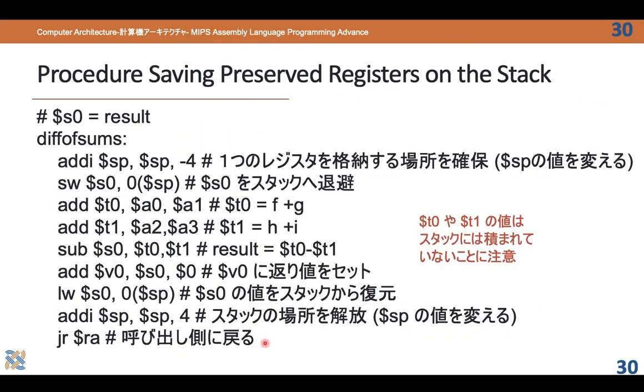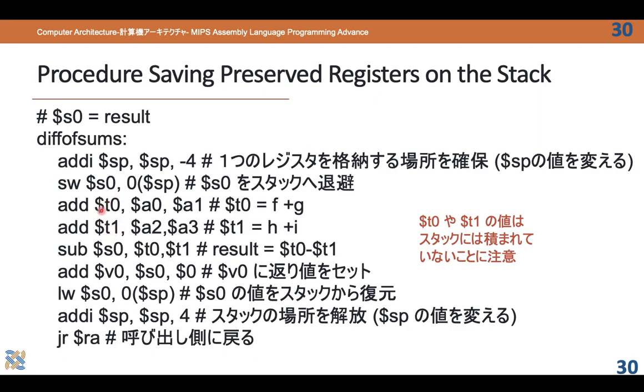Well, now come to the same program again, leaf sum. Earlier we stored 3 variables to the stack, but right now we need to store only 1 variable, S0, to the stack, because I know that T0 and T1 are never used by the caller. So these are my own registers.